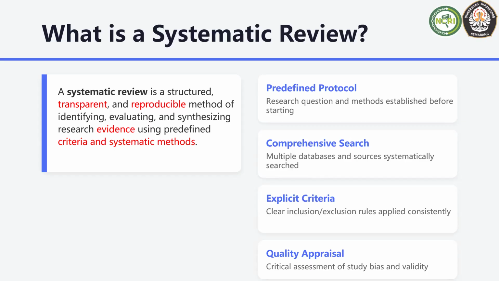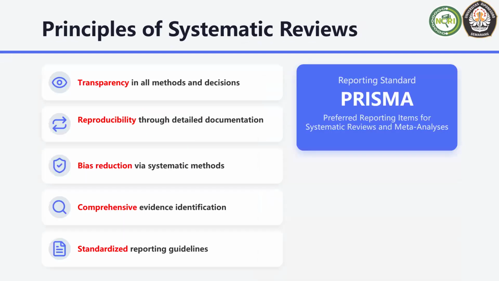So that is what we mean by reproducible. I should be able to follow the same pattern and almost get the same result. It may not be exactly the same, but it should be very close.